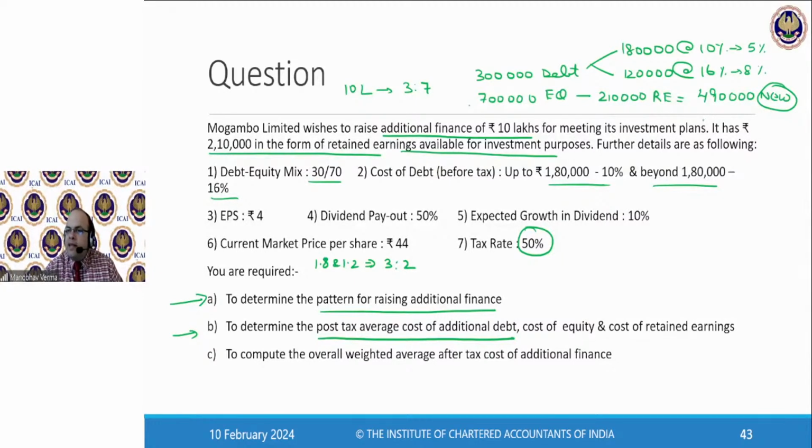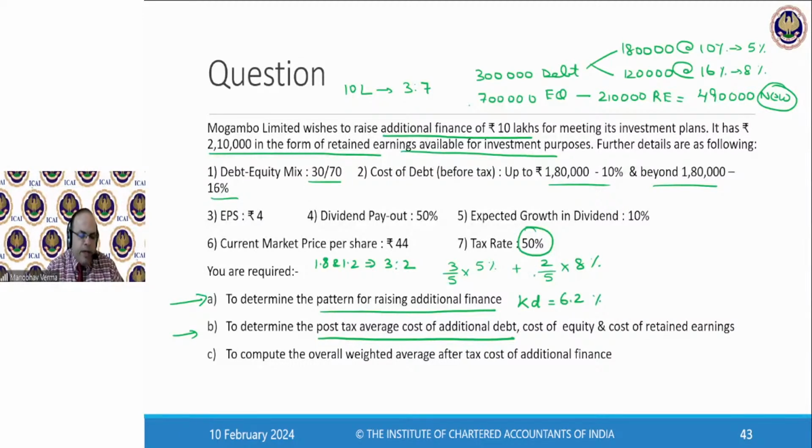So 3 by 5 into 5% plus 2 by 5 into 8% is what we are looking at in terms of the average cost of debt. 3 by 5 into 5%, that is 3%. And then we are looking at another 3.2, which gives us 6.2 in totality. So the cost of debt is 6.2% here.